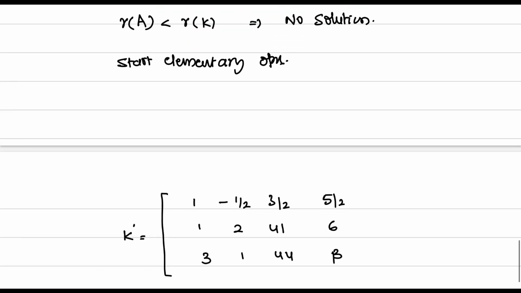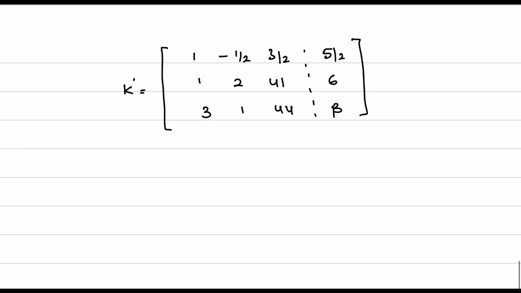This is the augmented matrix. Now, it will be easier for us. Then, now what we will do? R2 minus R1 and R3 minus 3R1, the modified R1.